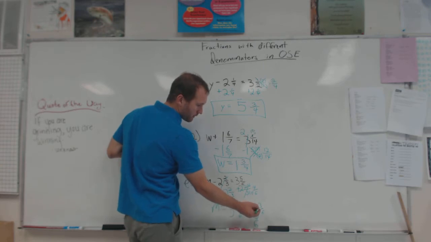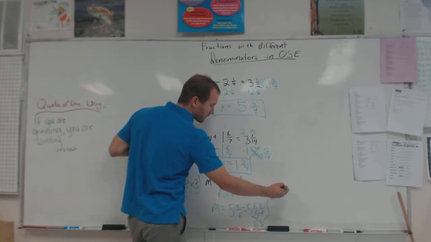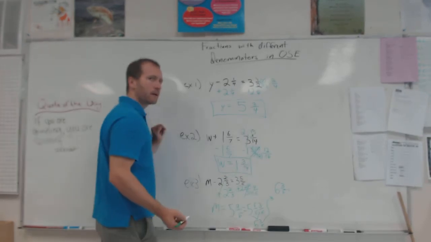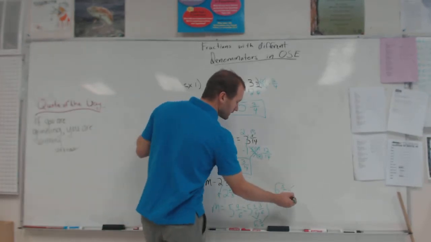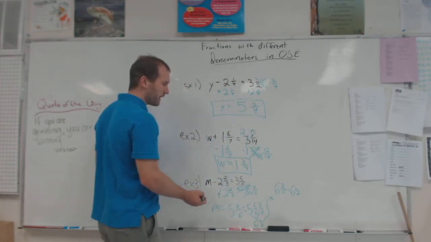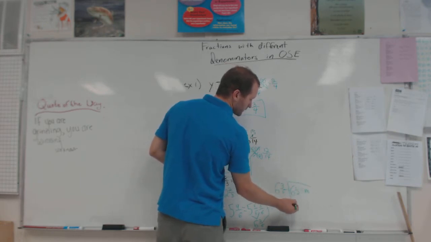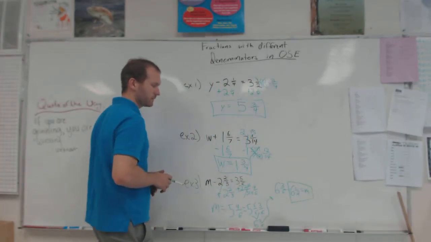And then 3/6. Oh, one more step. So I have 6 and 3/6. 6 and 1/2. Exactly. Because my 3/6 can be reduced. So my final answer is going to be m equals 6 1/2.